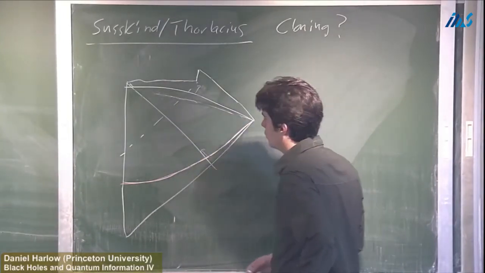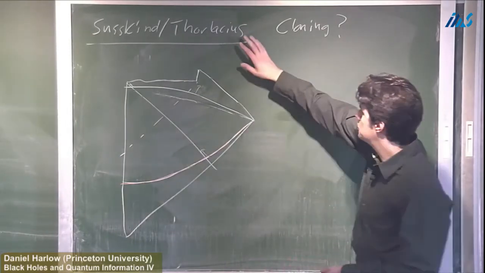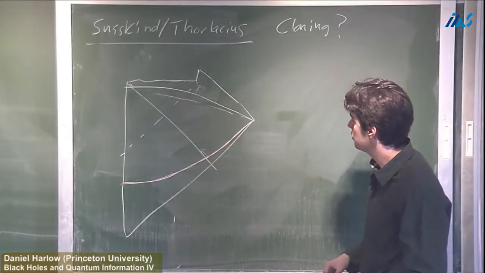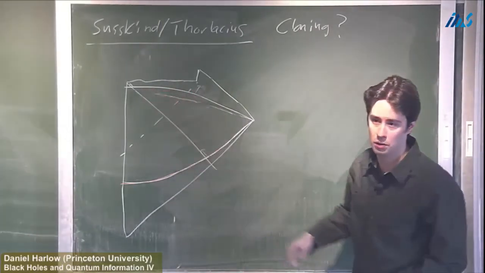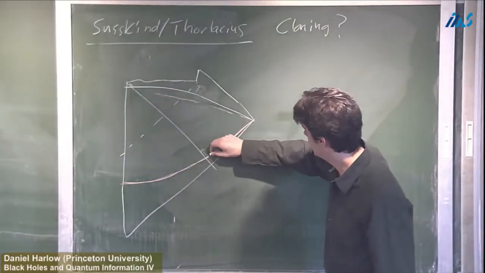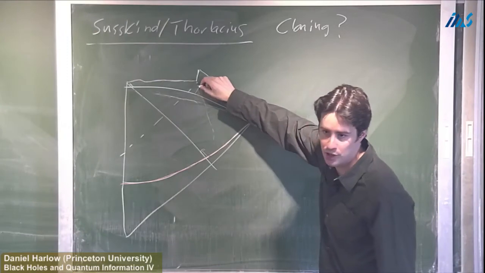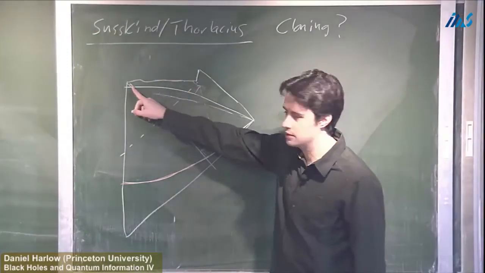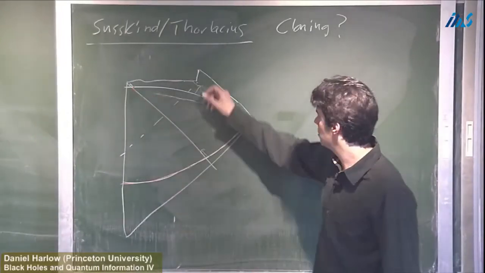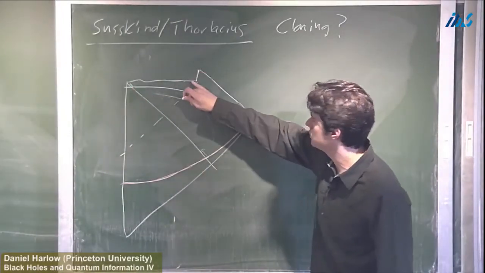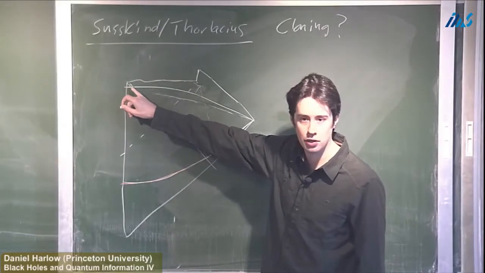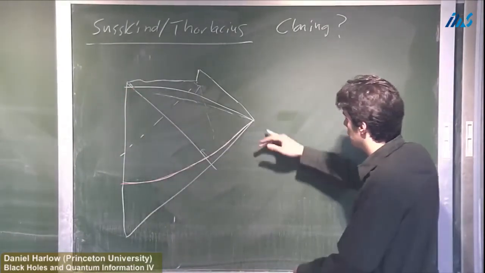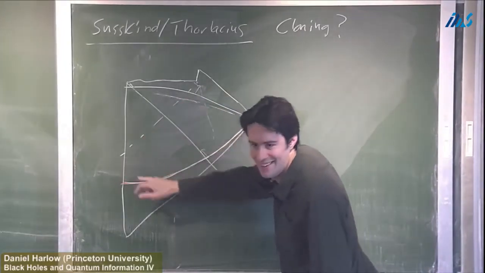Okay. So what these guys pointed out, though, is that at least in the original setup, nobody can actually see the cloning. You can wait out here, wait until you get the Hawking radiation, and then you can jump in and try to see this cloning over here, but you can't. You're prevented by causality because you hit the singularity long before you're able to see what's going on here. Now you could say, well, you dummy, why didn't you just draw the slice like that?